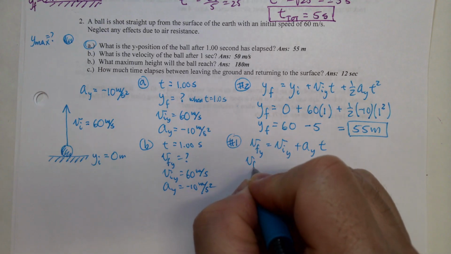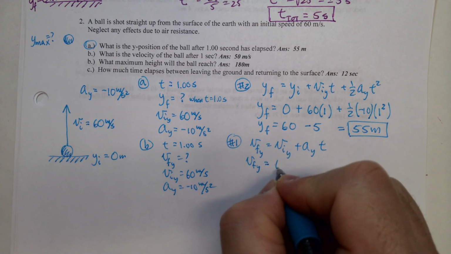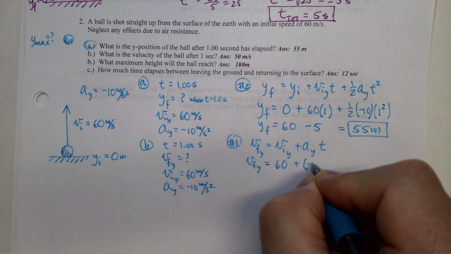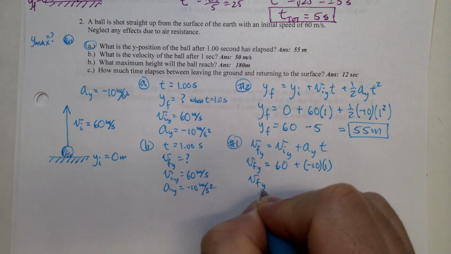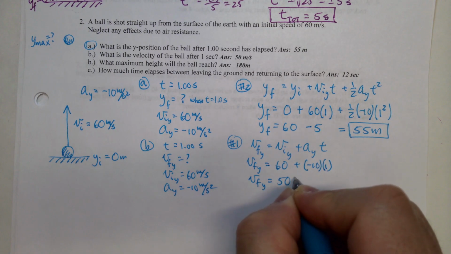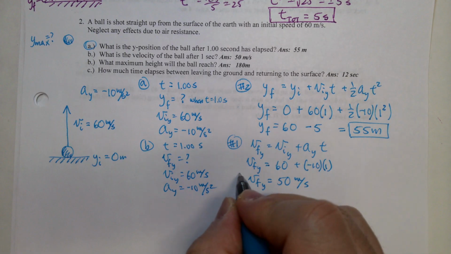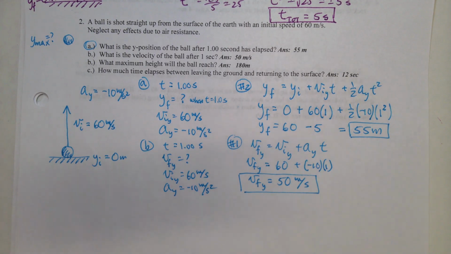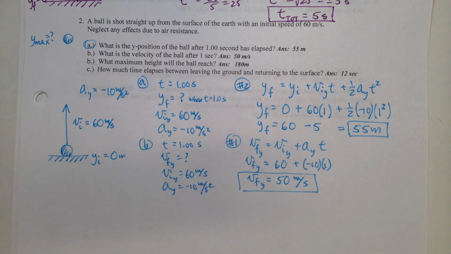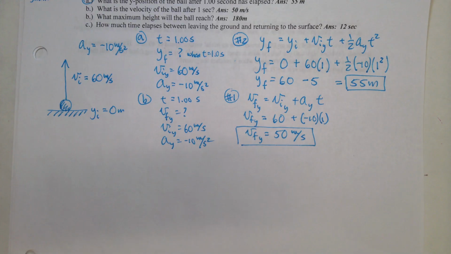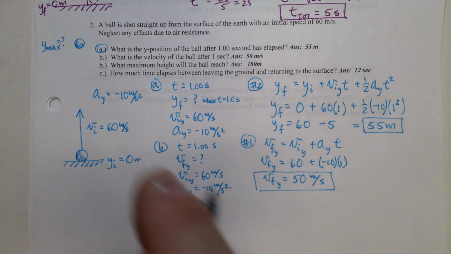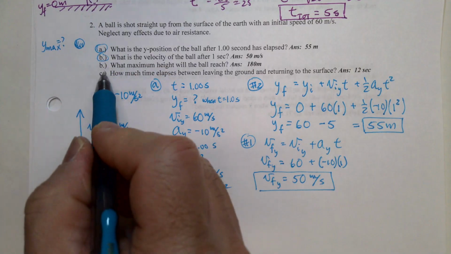So my v_fy is equal to 60 plus negative 10 times 1. Therefore, my v_fy is equal to 50 meters per second. So that was easy. We already knew that it was going to go at 50 after 1 second. And that was B.